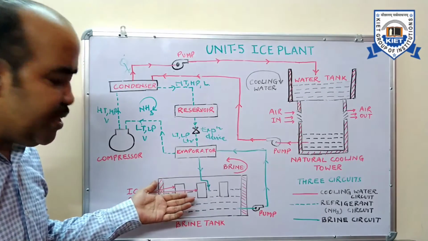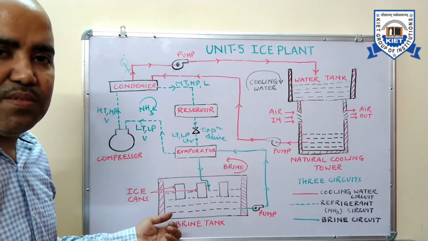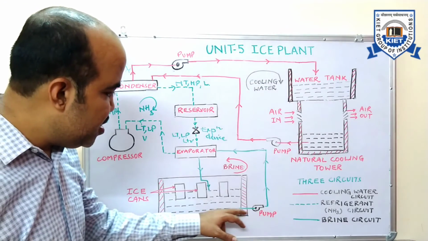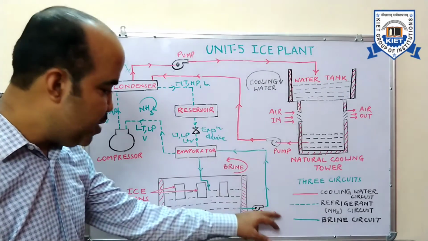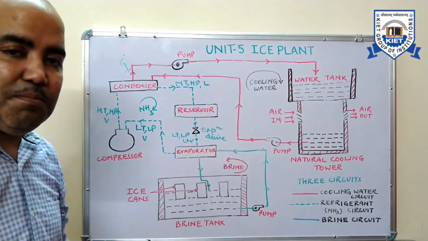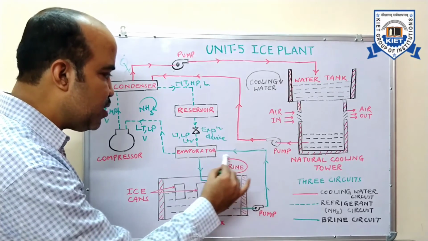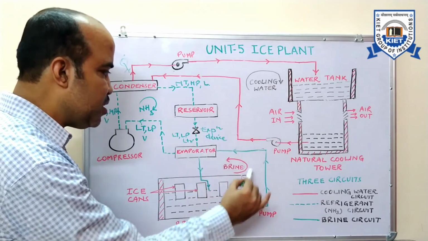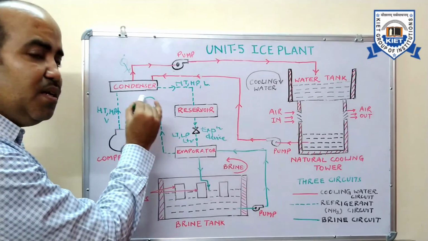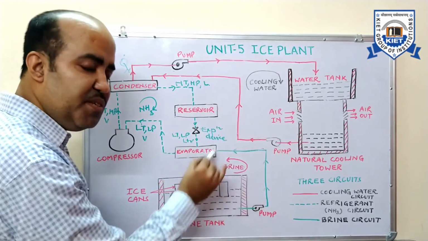When the brine absorbs the heat from the water, or takes away its latent heat, the brine becomes hot and is pumped by means of this pump, as you can see over here, back to the evaporator. So this is the second circuit, which is called the brine circuit, and the first one was the refrigerant circuit, or the primary refrigerant circuit.